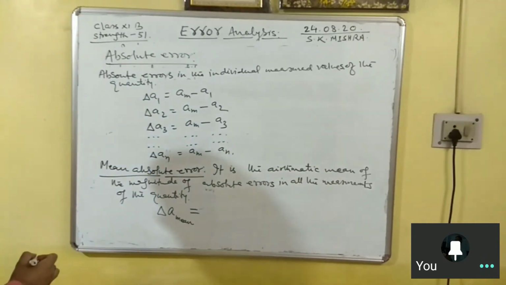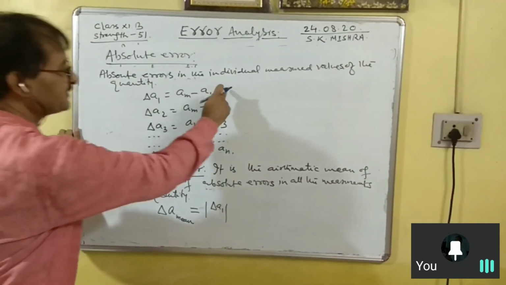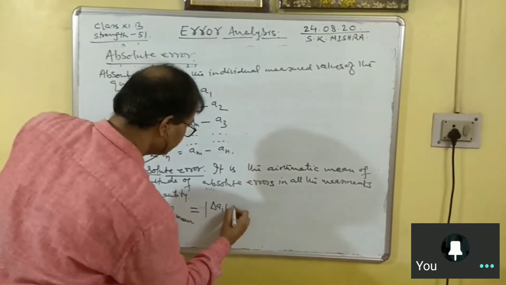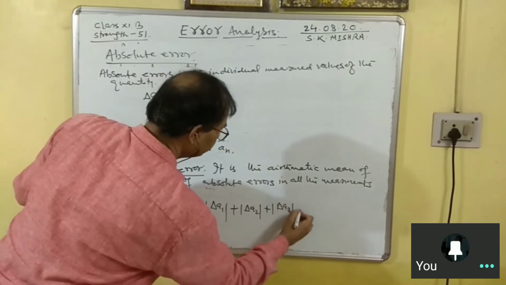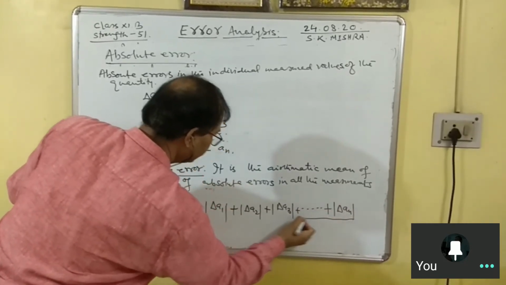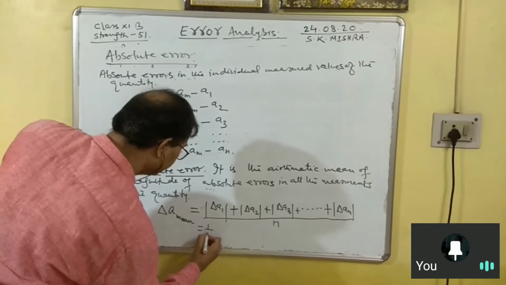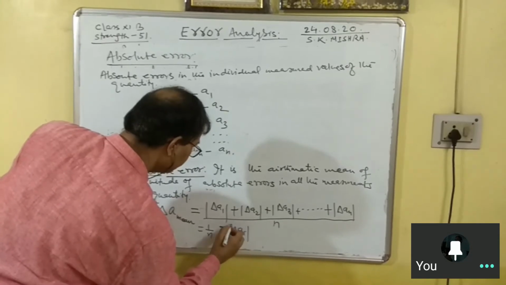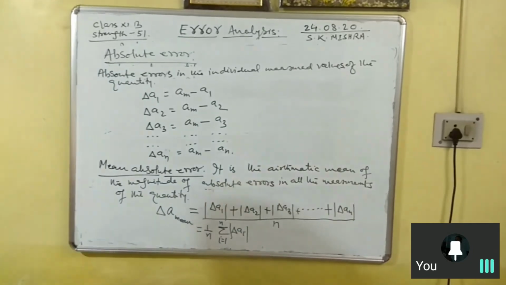Delta A mean is mod of delta A1, take the mod, because this may be positive or negative, but you have to take the mod only, plus mod delta A2 plus mod delta A3 plus dot dot dot, finally mod delta AN, divided by N. So this you can write as 1 by N summation mod delta Ai, i equals 1 to N.